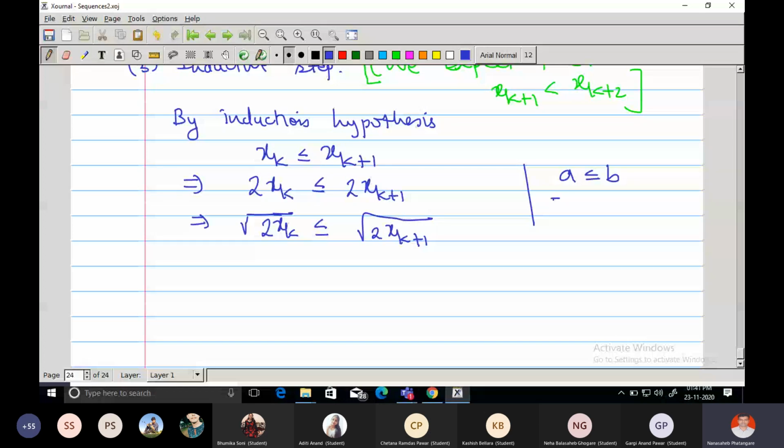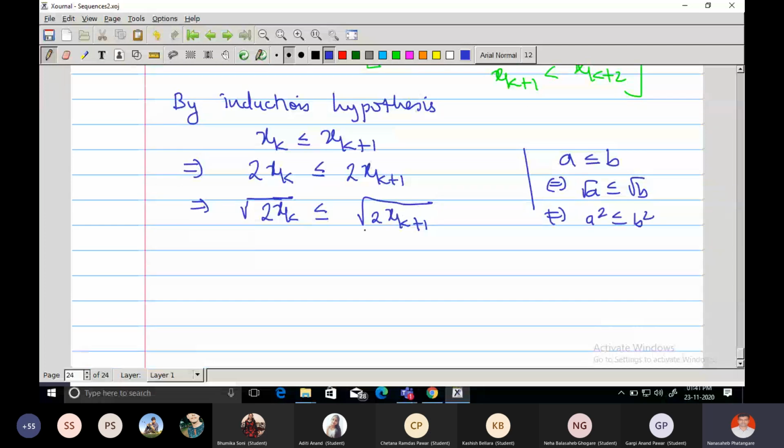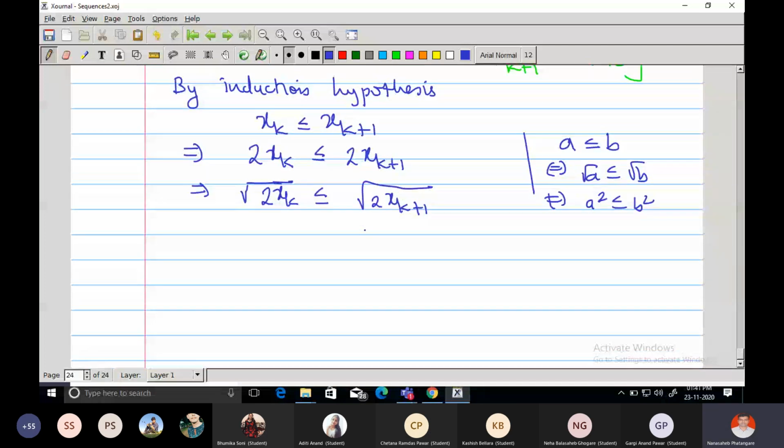But ultimately, what is the left hand side, the square root of 2xk? It is xk plus 1, and the right hand side is xk plus 2. So if we assume xk less or equal xk plus 1, we are able to prove that the next terms also follow the same inequality.